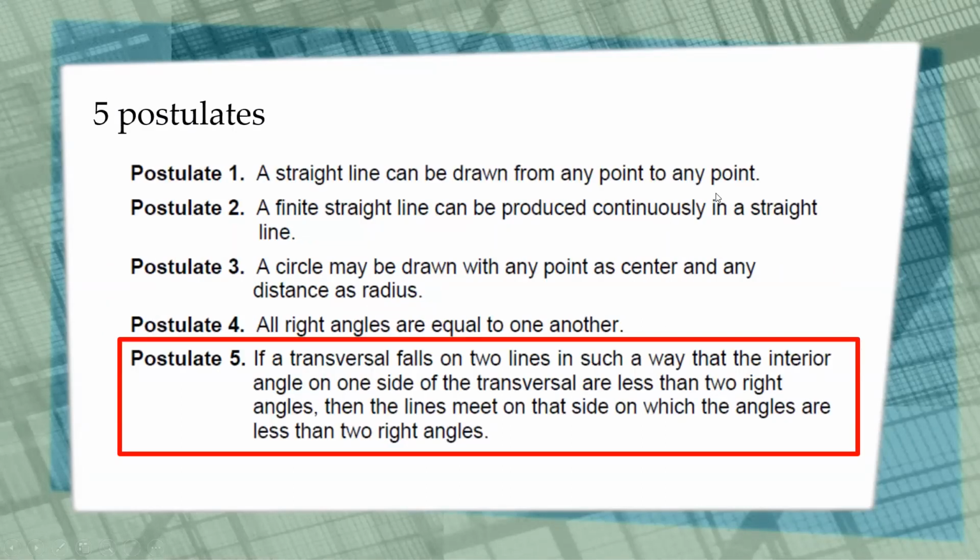Now we go to the geometry na. Ito na yung 5 postulates na binigay ni Euclid. First postulate, pwede natin sabihin itong axiom actually. A straight line can be drawn from any point to any point. So given 2 points, there's always a line that connects these 2 points. Yan yung axiom 1.